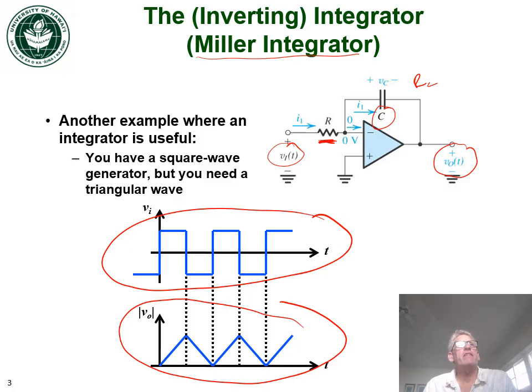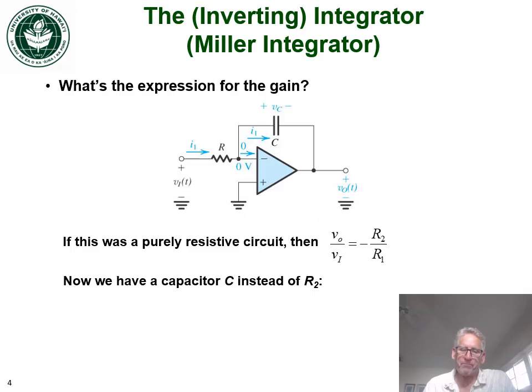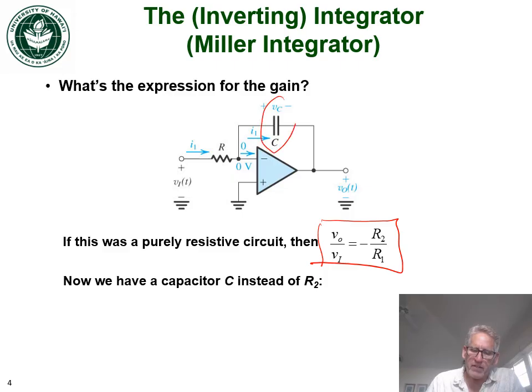So let's dive into the details a little more closely of this Miller integrator. First of all, if this were a resistor, we would recognize that the gain of this circuit would just be minus R2 over R1. So if we treat the capacitor and the resistor as impedances, we could write that the gain would be equal to minus Z2 over Z1.